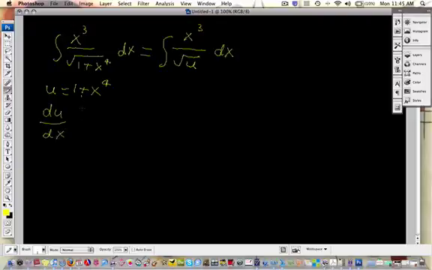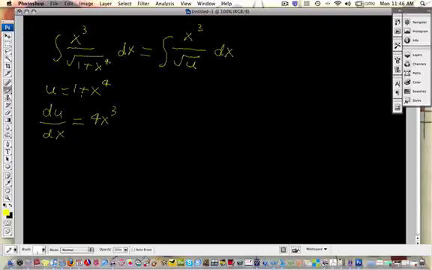That's a simple differentiation. Even though we're working in integration, we can't forget differentiation. So du dx is 4x cubed. And I want to replace the dx, so I've got to solve this for dx.